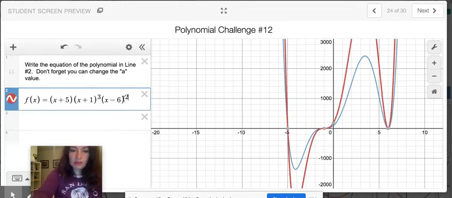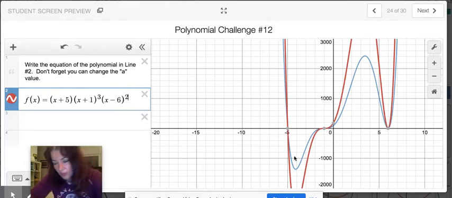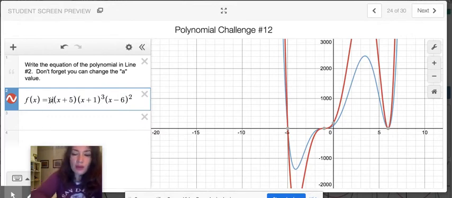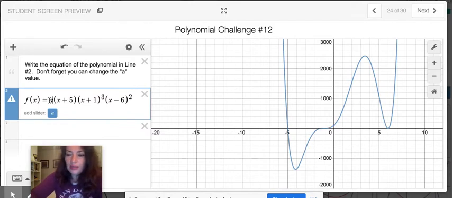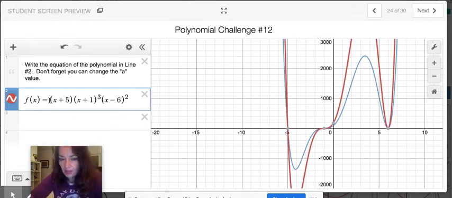Okay. So we could see that it's almost overlapping, but we need to find the a value. So I want to know what value I should multiply here so that it will match the graph. So let's take a look if we could choose a point on this graph, and it looks like the blue graph is what we want to match.